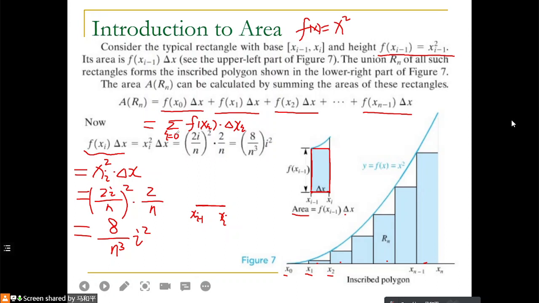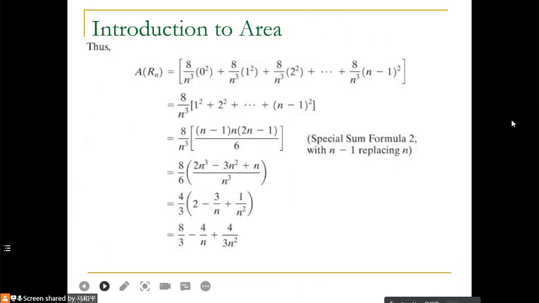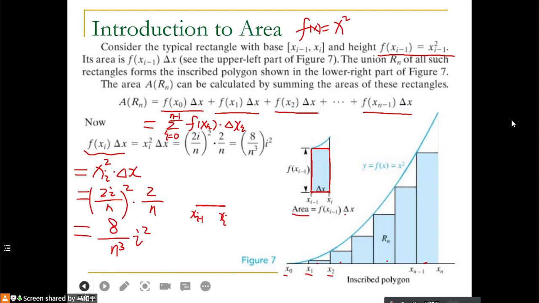So it's the sum from i equals 0, ending with n minus 1. I write it like this.